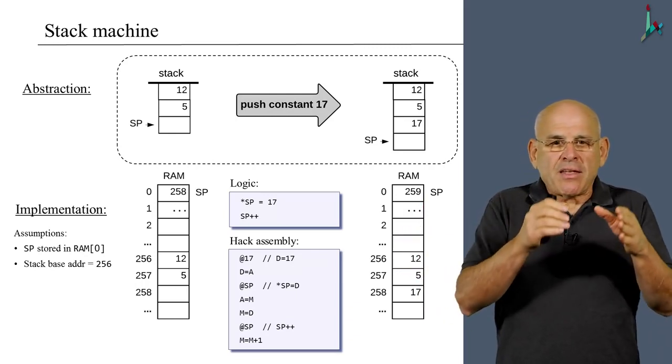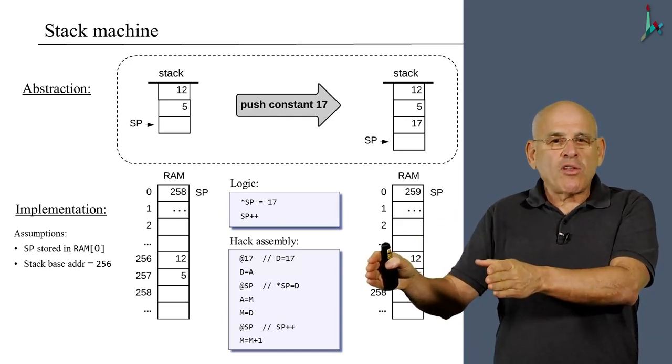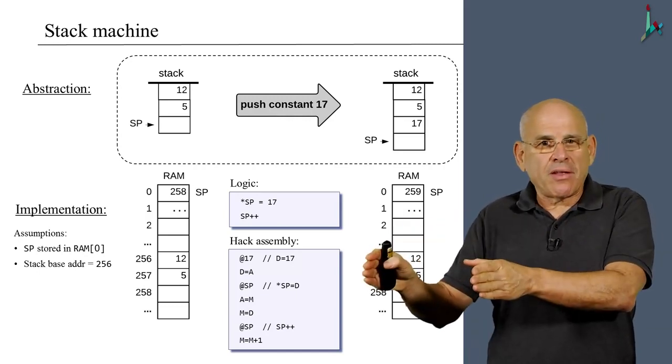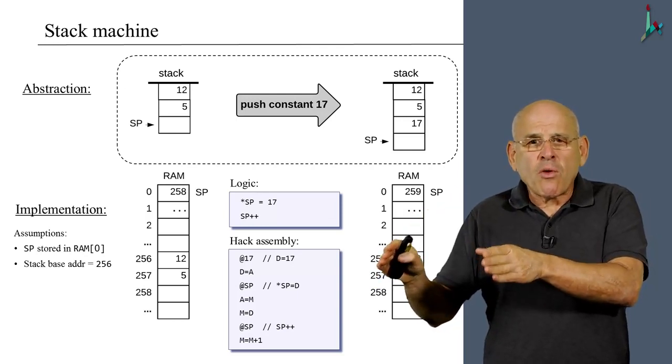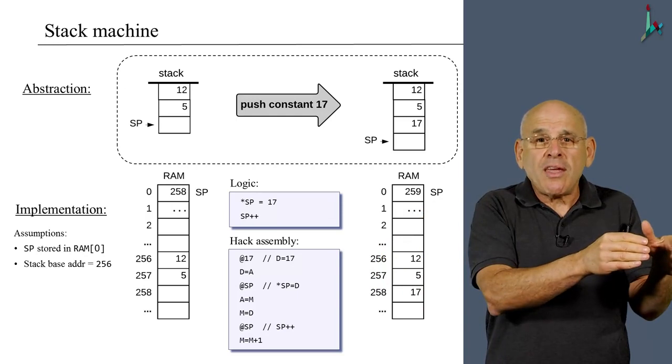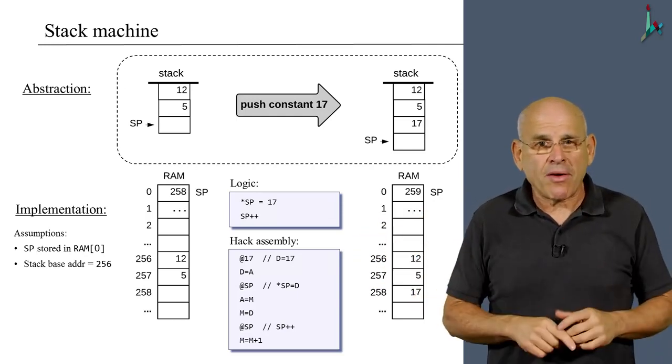So when we say @17, memory location 17 is going to be selected, but we don't care about it. We don't give it any attention, because all we want is to take the number 17 and move it into D. So who cares if it also selected something in the RAM? We don't care about it.